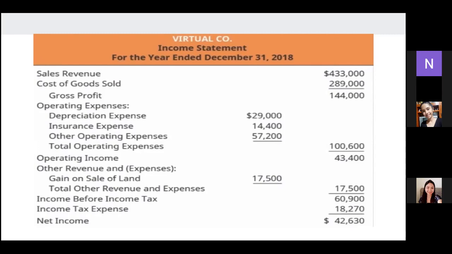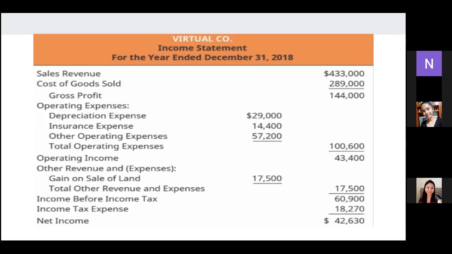And then, to get the operating income, we will deduct the operating expenses from the gross profit that we got kanina. Under operating expenses natin, we have depreciation expense amounted to 29,000.